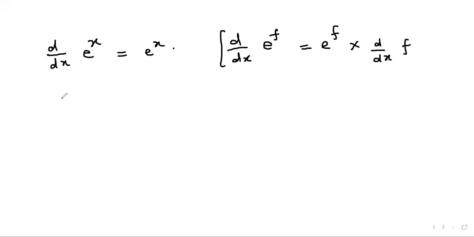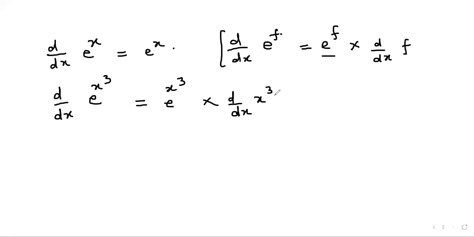So let's see how. Suppose we are given x power 3. So it will become, as per the rule, whatever be the function, that does not matter, it is copied. So it is e power x cube into d upon dx of x cube. So d upon dx of x cube will give 3x square times e to the power x cube.